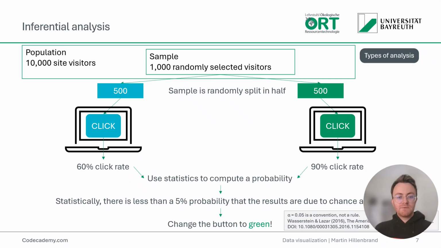And if we have then statistically less than a 5% probability that the results are due to chance, and the things were changed with the green version here, then it might make sense to change the button to green, because the click rate is higher, and we can infer that if we change it now, then this click rate will also be different for the full population.